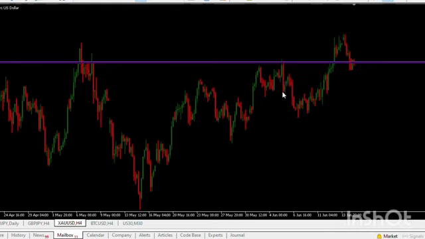Aside from the rejections that will take place in that exact zone, there should be one or two bearish candles to help you validate that at this very point sellers are about to take over the market.